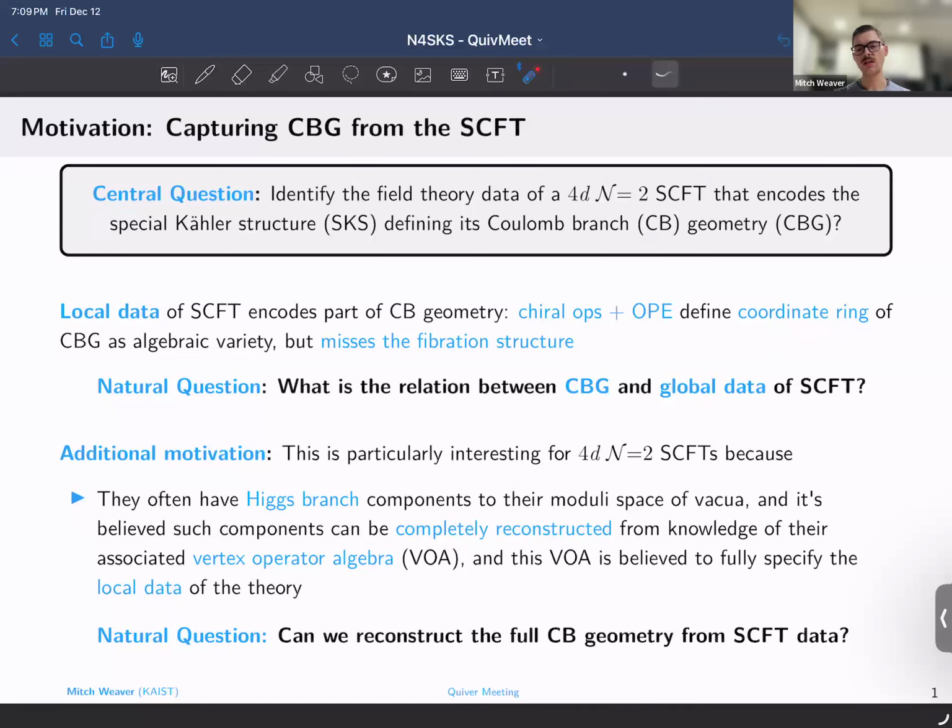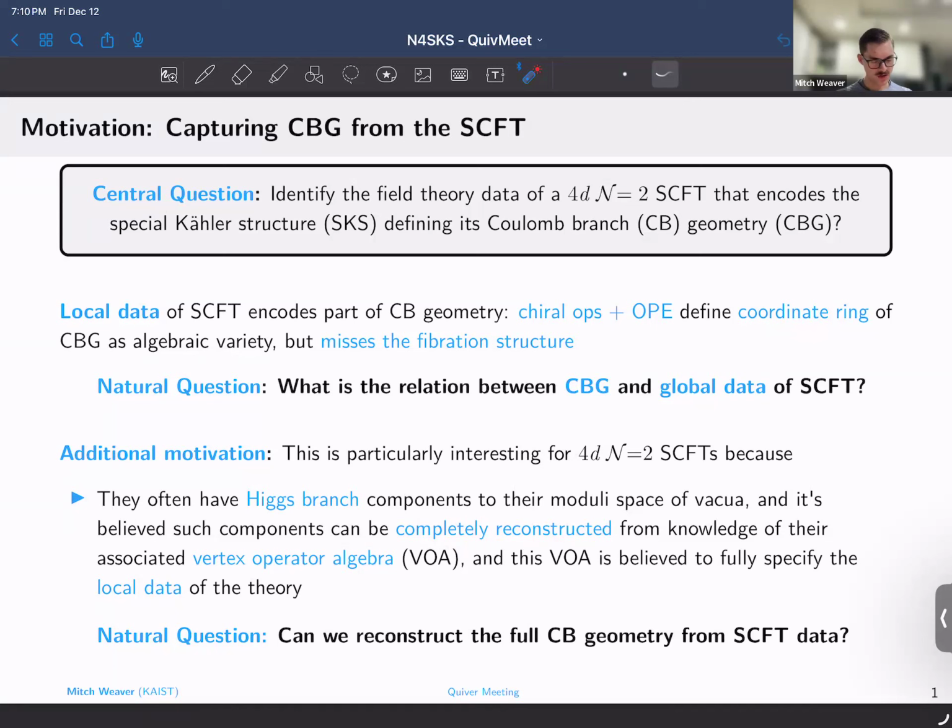So it doesn't really, at least as far as I understand it, capture anything you might want to associate with the global data of the SCFT. And the basic feature which somewhat explains this fact is that the VOA doesn't depend on any marginal couplings. And we know that the marginal coupling, at least for N=4 theories, is dependent on the global data.